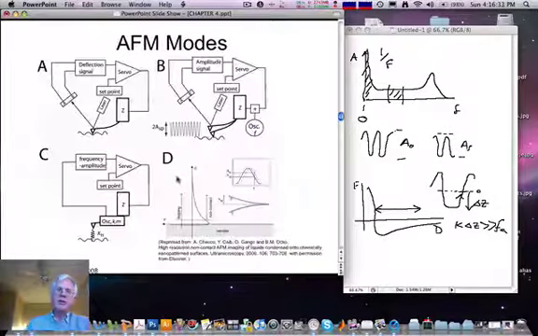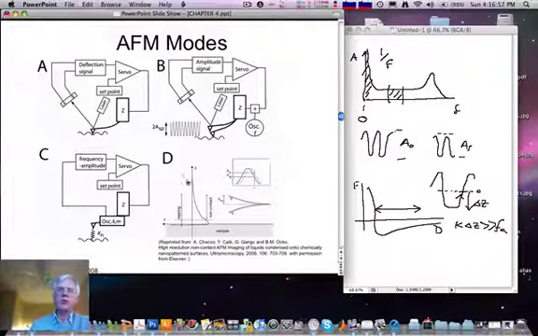So let's turn to the implementation of these various modes. Schematic A is essentially the same as the schematic I showed you for the scanning tunneling microscope, except now the input to the servo system is the cantilever deflection signal, and the output of the servo drives the height of the AFM probe above the sample.